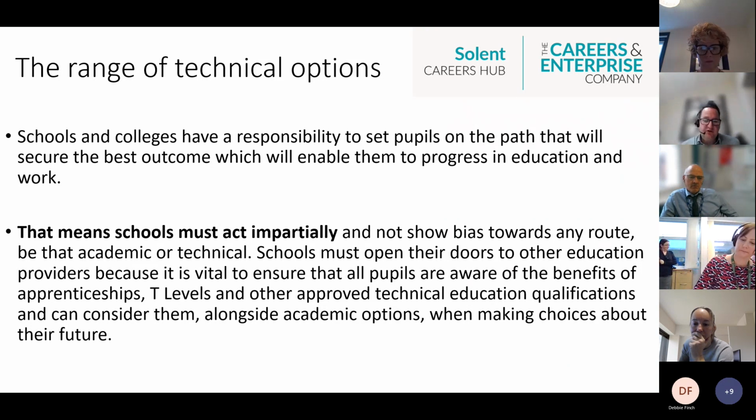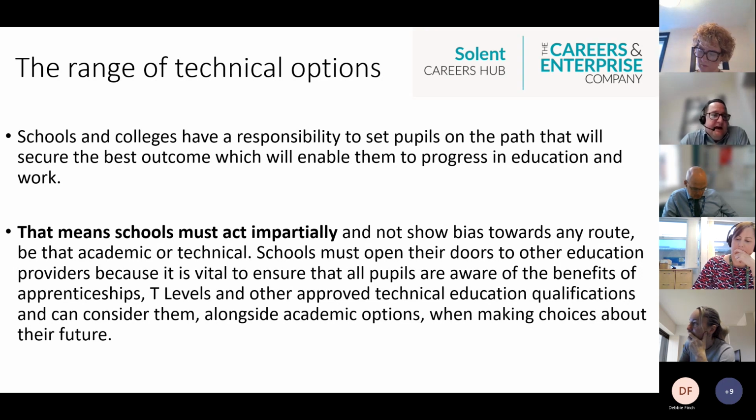To put this into context, some of the messaging is at times very university centric. We do know of instances out there where if a school has a sixth form attached to it, there may be concerns about inviting another sixth form provider in, and these are things that you will need to look at going forward because that will go against the whole thing around impartiality.